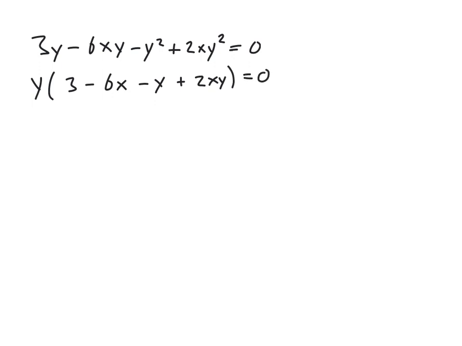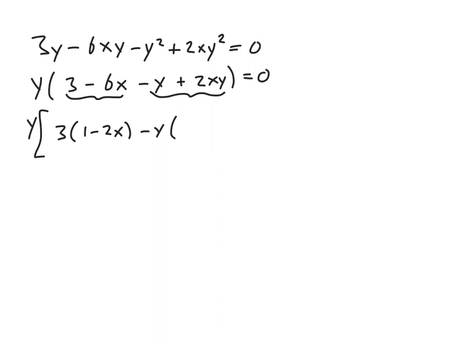Right, and then this 4-term polynomial in parentheses we can factor by grouping. And so we look at our first two terms, 3 minus 6x, and we want to pull out the largest factor from those two terms, which would be 3. And what's left is 1 minus 2x. And then we do the same thing for the third and the fourth term, the last two terms. We want to factor out the largest common factor, which would be negative y.